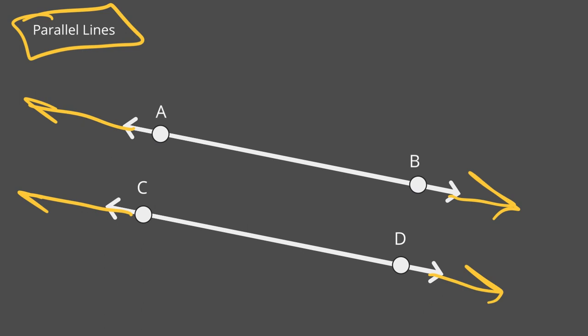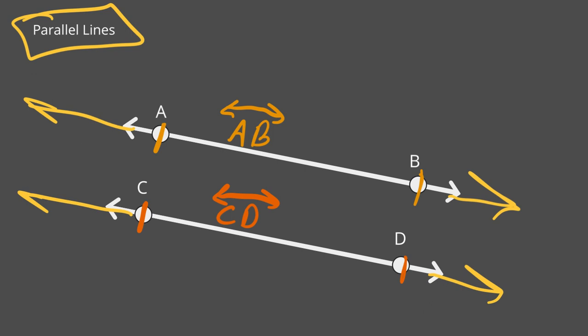And there's a special way to write this, and it's a combination of what you already know. So first, let's talk about what these things are called. So this is line AB, and we know it's written like this. And the one below it is line CD, written with the double arrows on top.